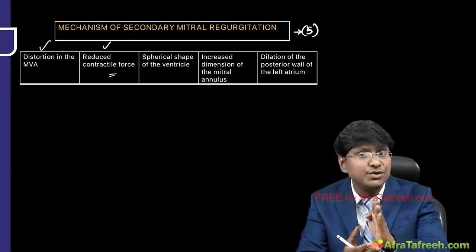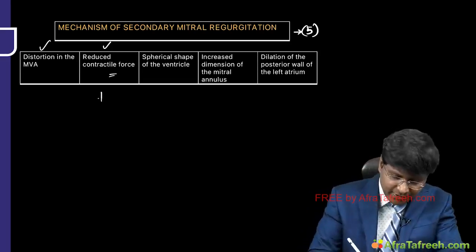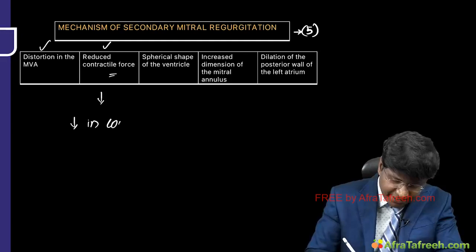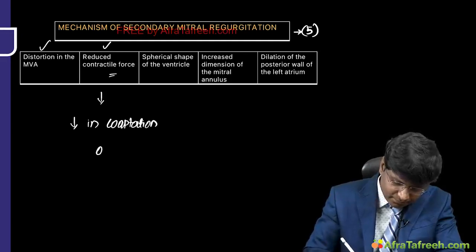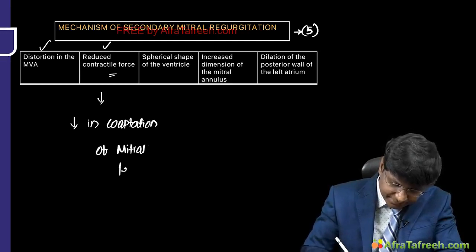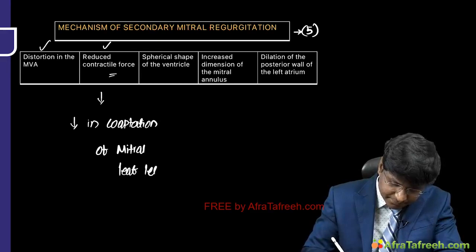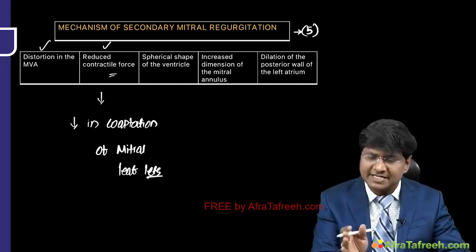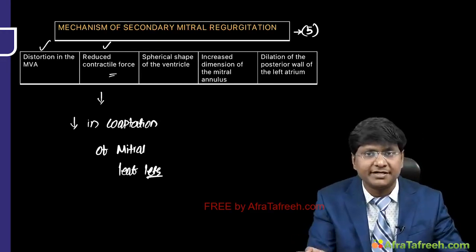So once there is reduced contractile force, that will lead to reduction in coaptation of mitral leaflets, right? That will cause reduced coaptation of the mitral leaflets, that will contribute to the development of mitral regurgitation.